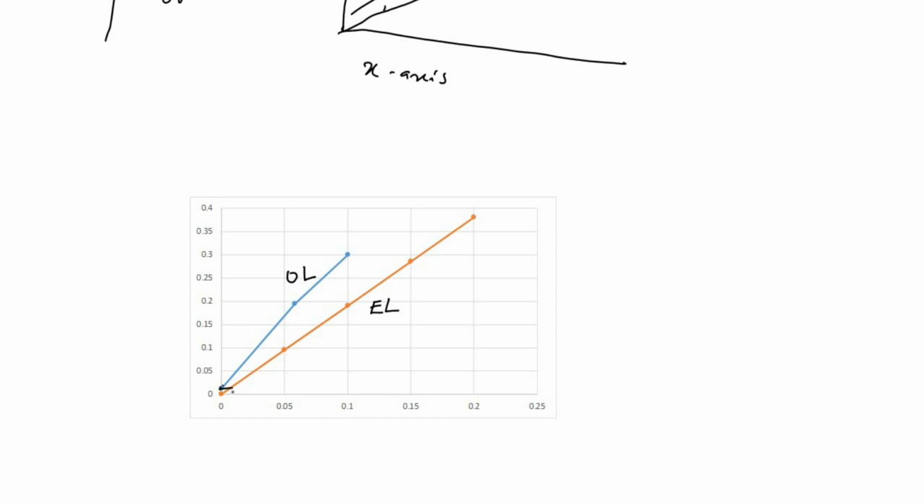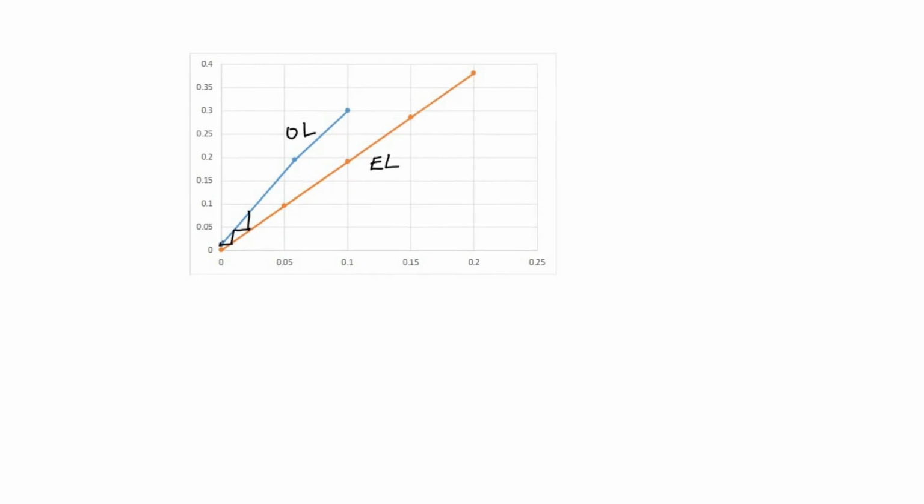As it touches the equilibrium line, draw a vertical line upward. As it touches the operating line, draw a horizontal line. As it touches the equilibrium line, draw a vertical line up to the last part of your operating line. Then you count the number of triangles, and the number of triangles will be equivalent to the number of ideal stages you have.